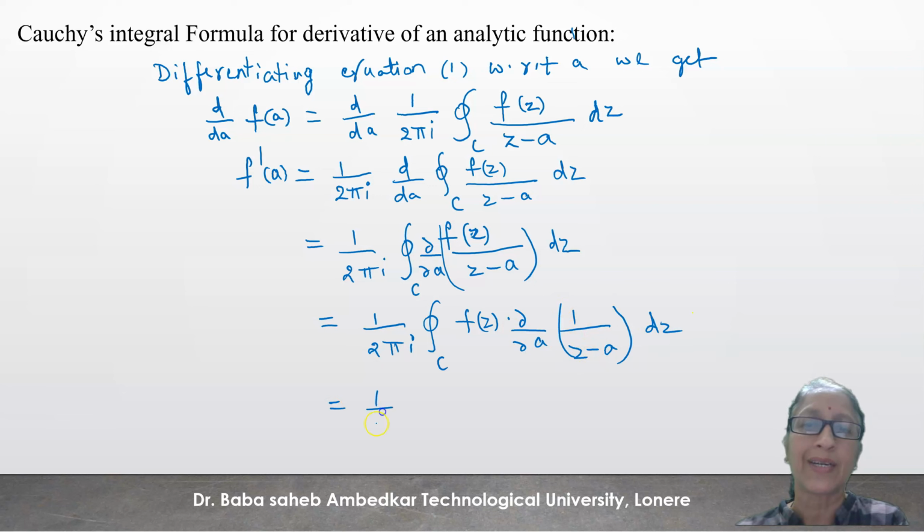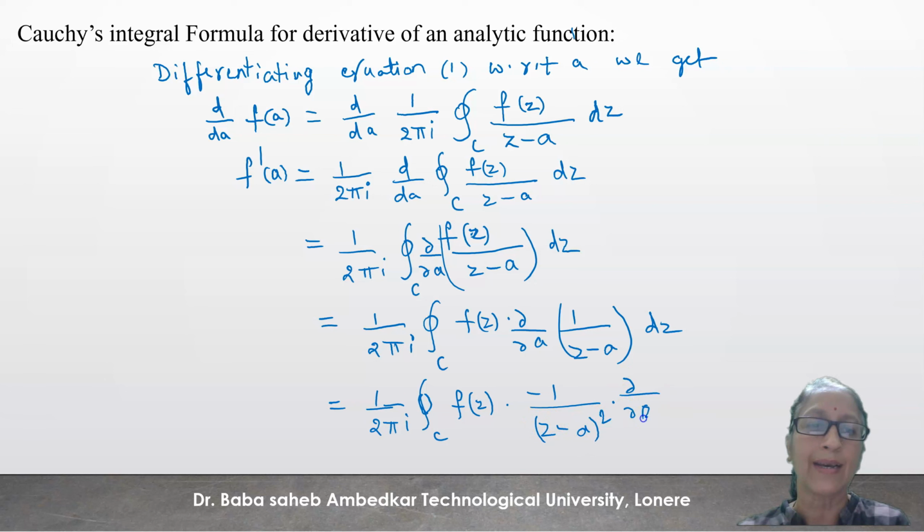That means 1 by 2 pi i contour integration of f(z). If you differentiate this, you get minus 1 by (z minus a) whole square into del by del a of (z minus a) dz.